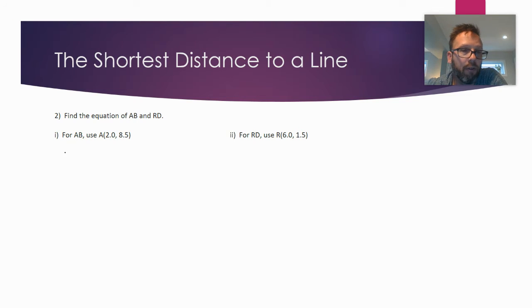And we've reviewed this skill too. So the equation of a line, y equals mx plus b. And we said that the slope for line AB was negative 1/2. And I've said, let's use the point 2, 8.5.